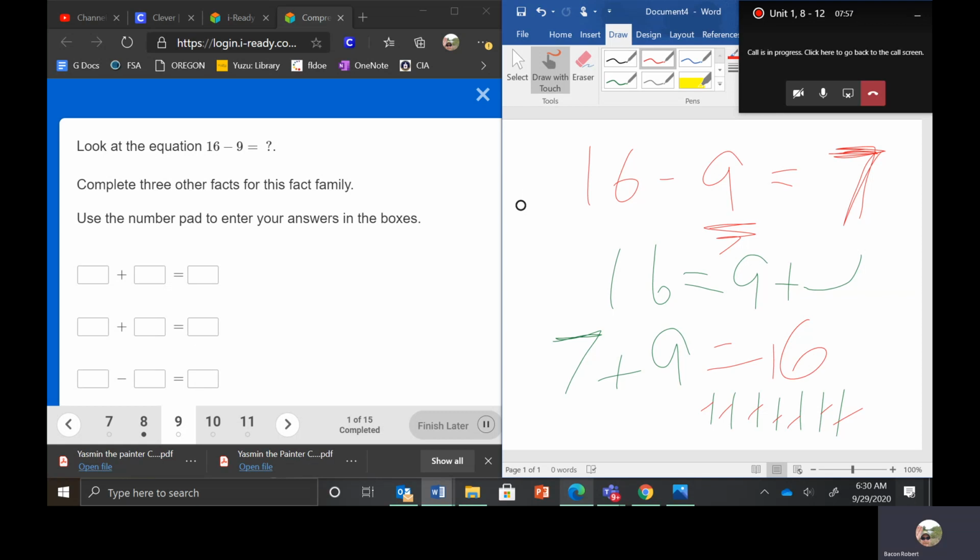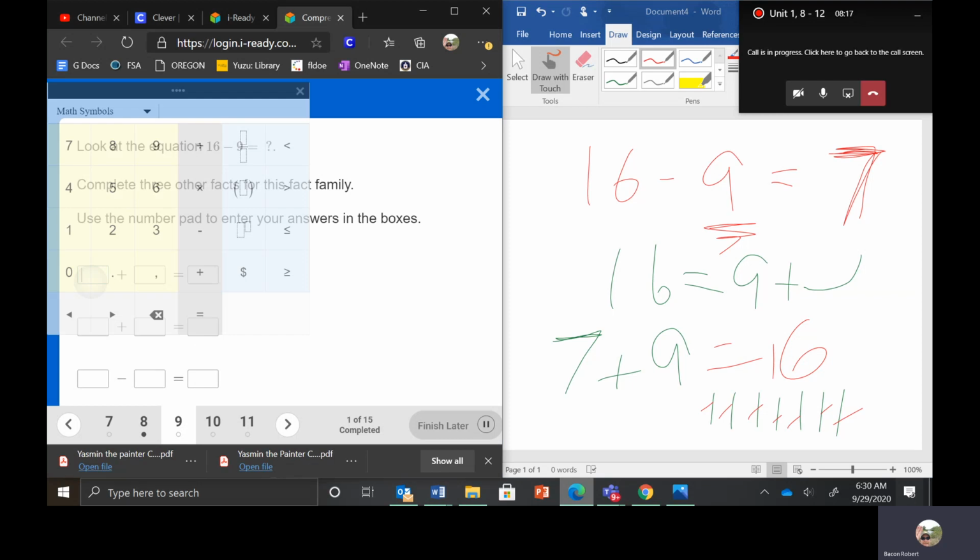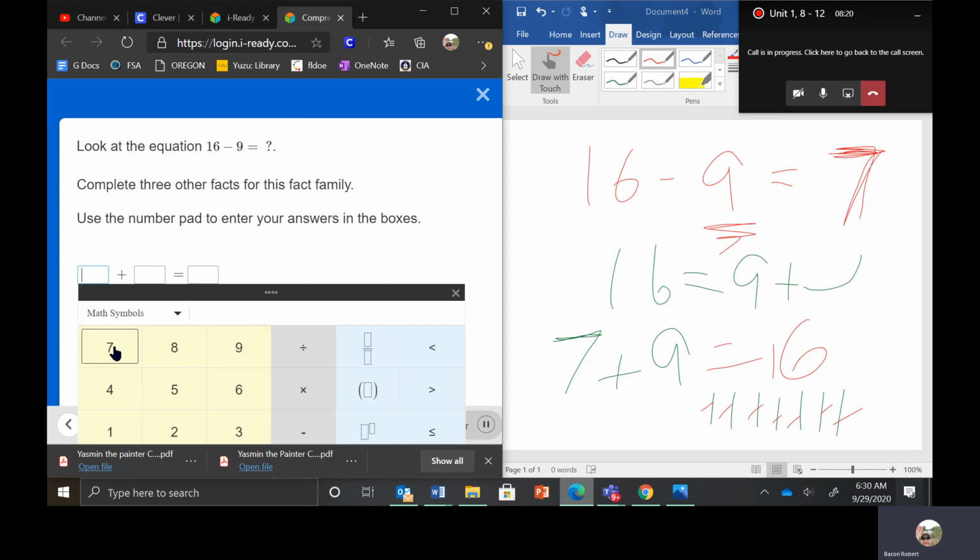The other thing you could do that some of you have been doing already and like to do is get back to our friendly number 10. So we can just make 9 a 10 by adding 1. And if you take 1 away from 7, you have 6 left, and that equals 16. But we proved that part in the last problem anyway. So let's put 7 plus 9 equals 16 for the first part of our fact family.